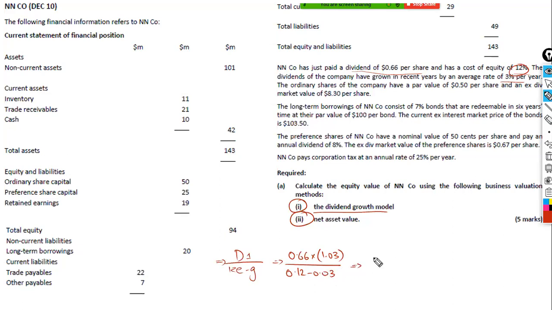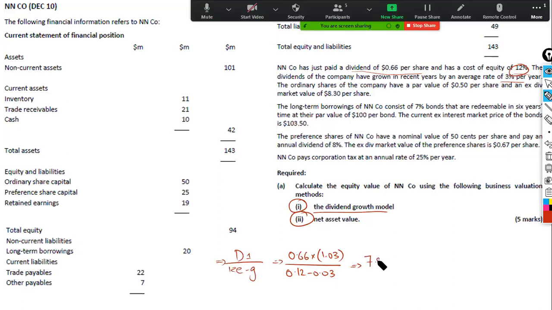As you solve this, you will get the answer of 7.55. Let me know. So you get the answer of 7.55 per share.